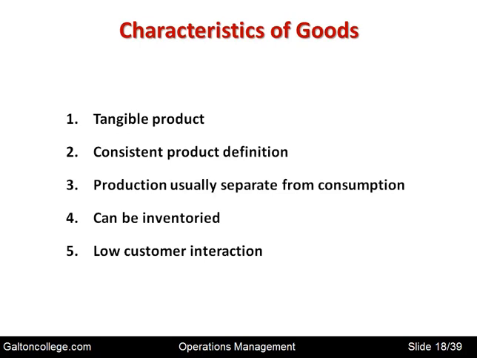There's low customer interaction. Generally speaking, with physical goods, the company doesn't deal with the customers directly. The customers place orders. They may place the orders for, again, clothing items, for example, and it'll come through warehouses or it'll come through specialist agents.